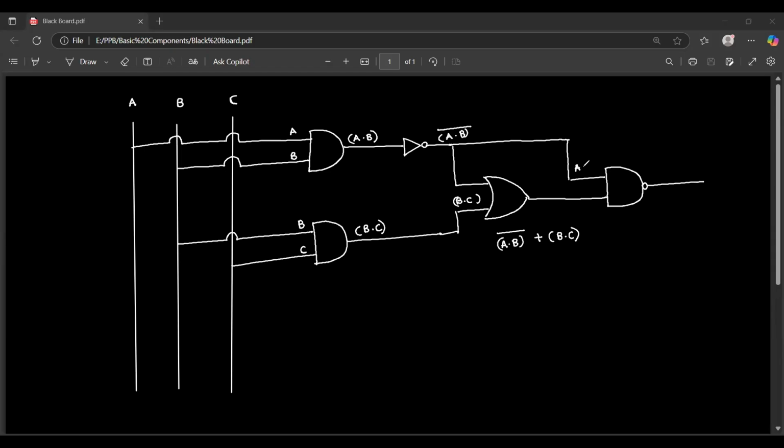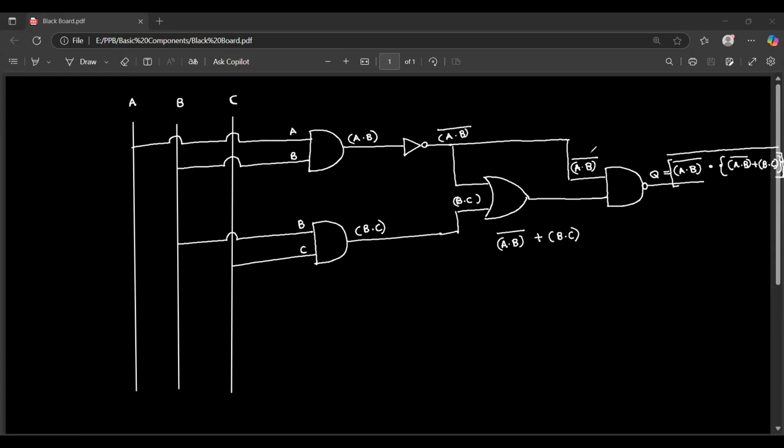Here we already have A dot B whole thing bar. So this is a NAND gate. So the output, let's say this is equal to Q. So Q will be equal to A dot B whole thing bar dot A dot B whole thing bar plus B dot C whole thing bar whole thing bar.